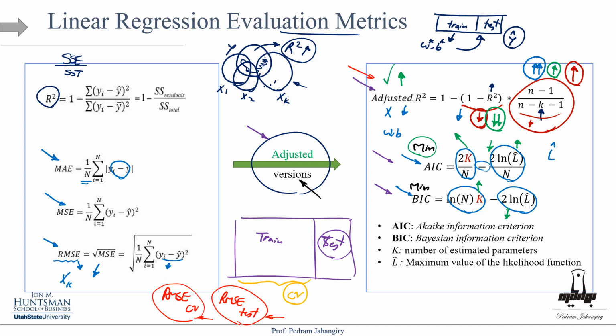So I don't need to report the adjusted R-square in the test set. I don't need to report the AIC in the test set. In regression, when I use RMSE in the test set or the cross-validation version, it is automatically controlling for that fact. And it automatically helps us avoid overfitting in our linear regression model.